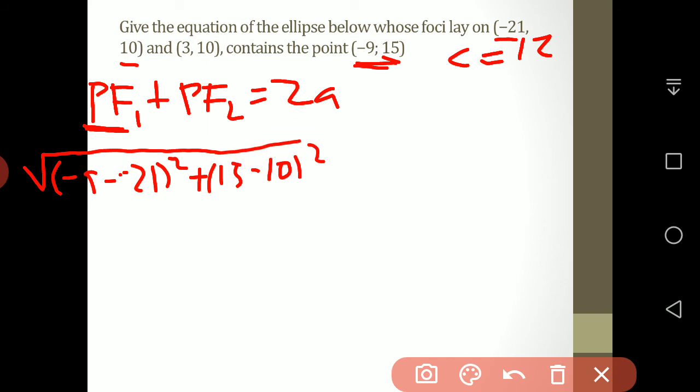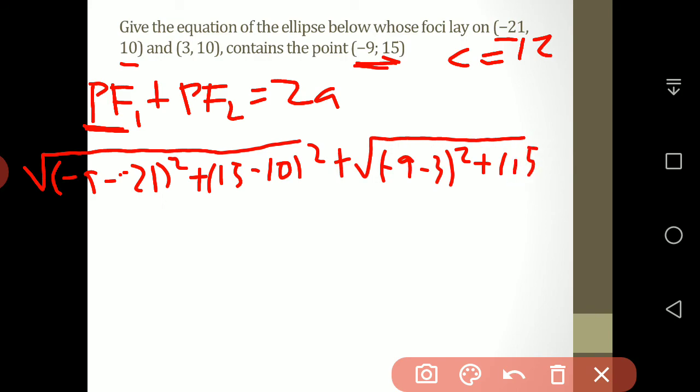That's just PF1, plus the square root for PF2: negative 9 minus 3, squared, plus still 15 minus 10, squared, and this will always be equal to 2A.